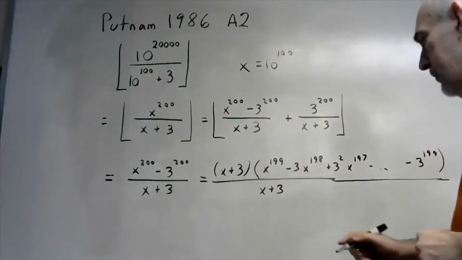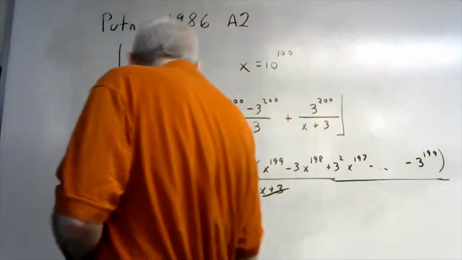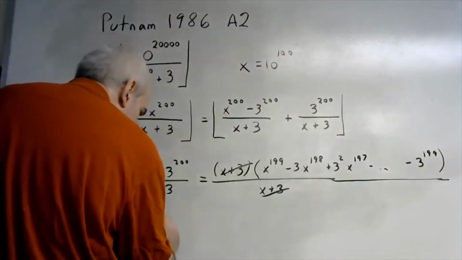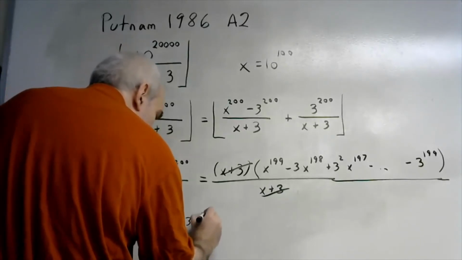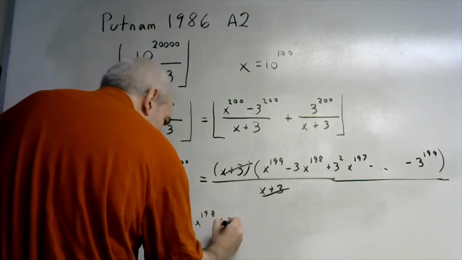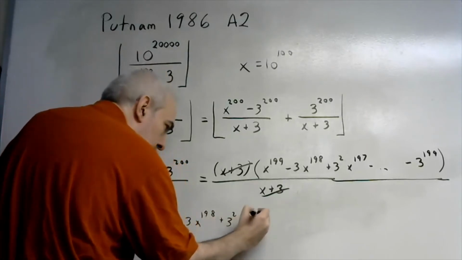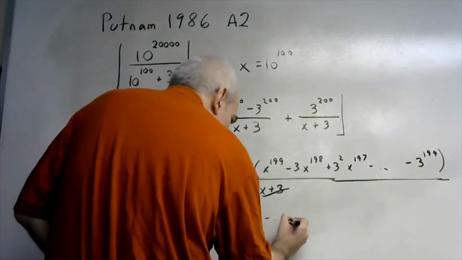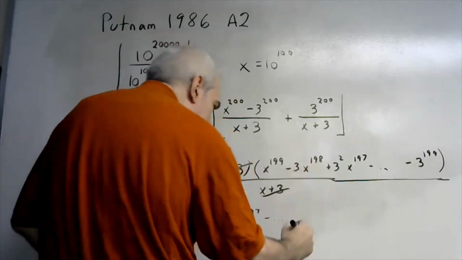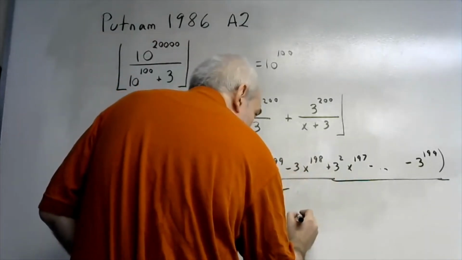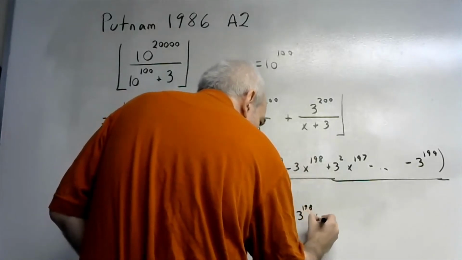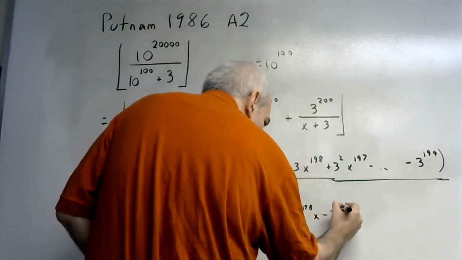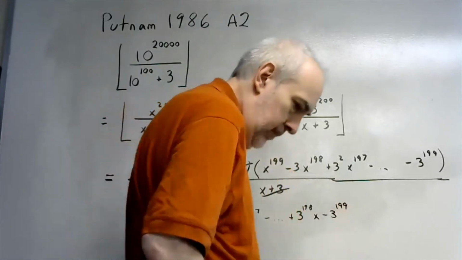Okay, great. And then, of course, the x plus 3's cancel. And so you're left with x to the 199 minus 3x to the 198 plus 3 squared x to the 197 minus ... Let me put the next to last expression. So plus 3 to the 198x, and then minus 3 to the 199. Okay.